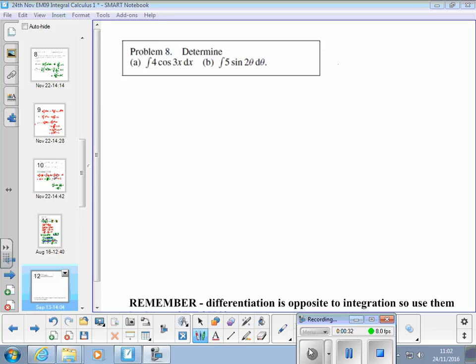what is the integral of sine AX? That's minus 1 over A cos AX plus C. Yep.